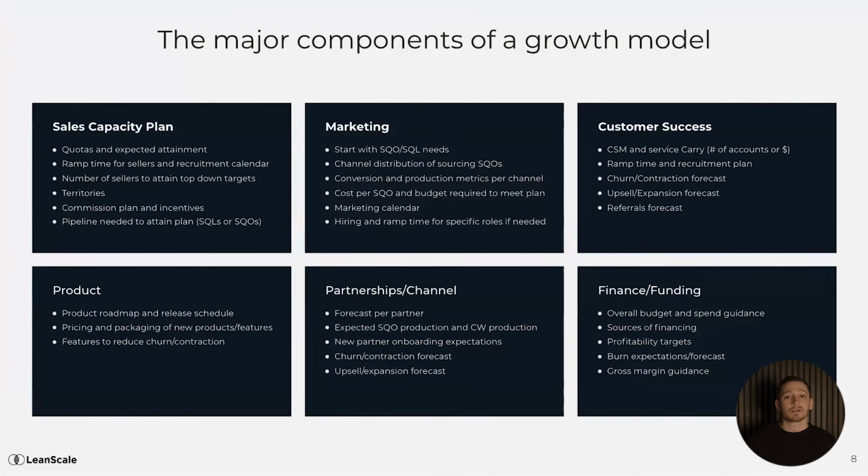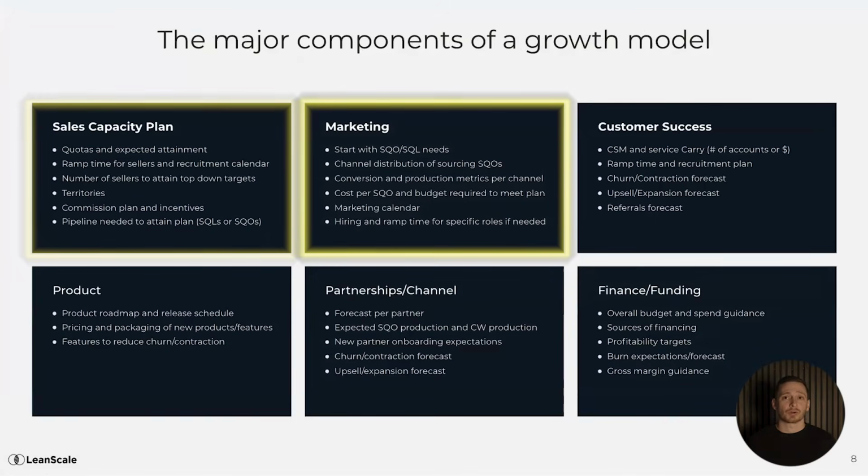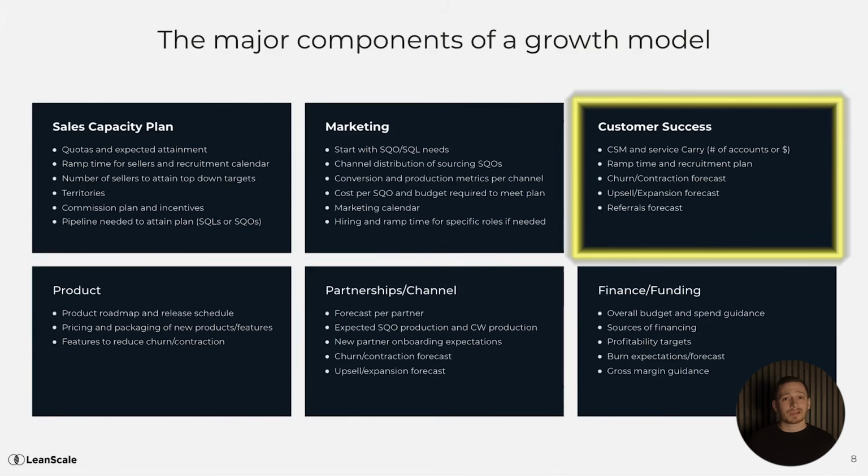Here are some details underneath those major components that we discussed earlier, starting with that sales capacity plan, looking at your quotas, ramp time, number of sellers that you'll need in order to feed the plan, your marketing plan. So this is really responsible for finding the most efficient ways to get sales qualified leads to feed that bookings plan. Customer success.